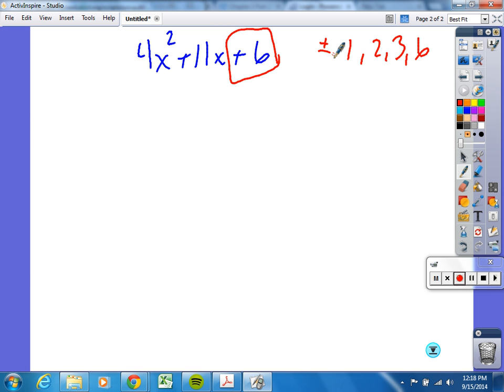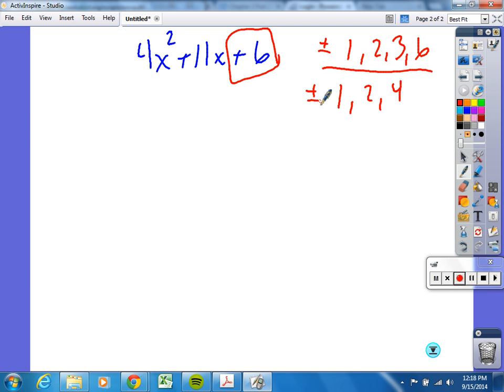You get what I'm trying to get at. And then we divide by the factors of 4. What are the factors of 4? 1, 2, and 4. Once again, plus or minus as well, correct? Everybody remember? Okay with this so far?